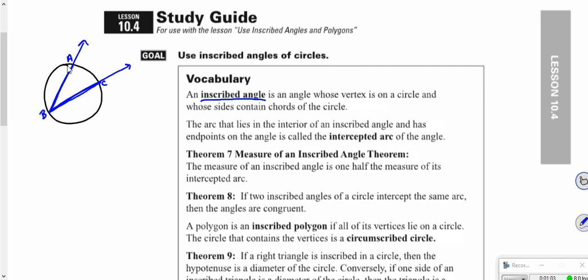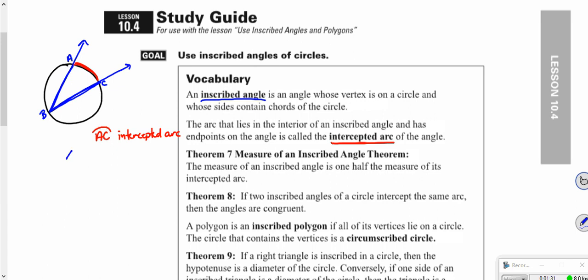All right. Now, the arc that lies in the interior of an inscribed angle and has endpoints on the angle is called the intercepted arc of the angle. The intercepted arc would be arc AC. So arc AC is the intercepted arc, okay?